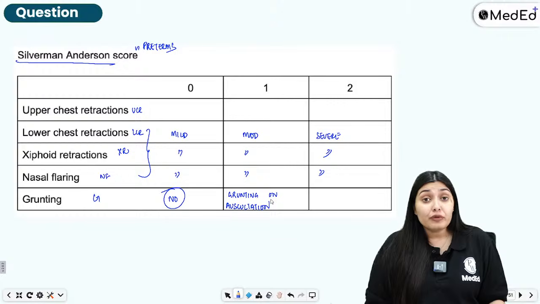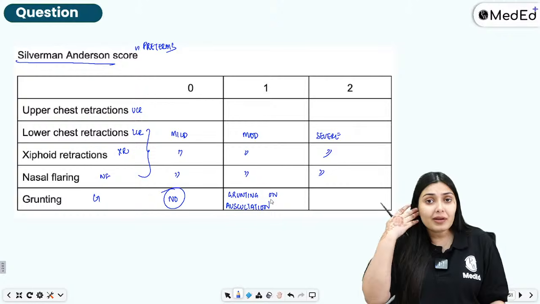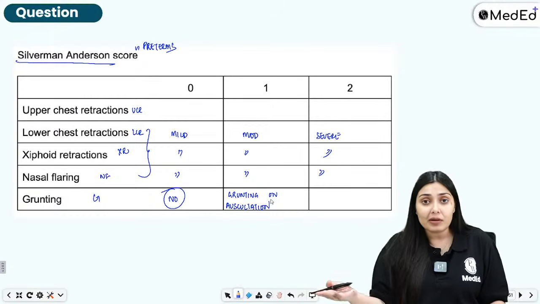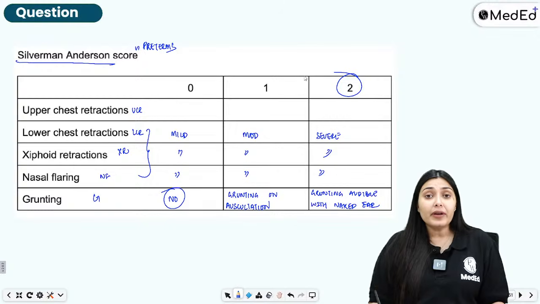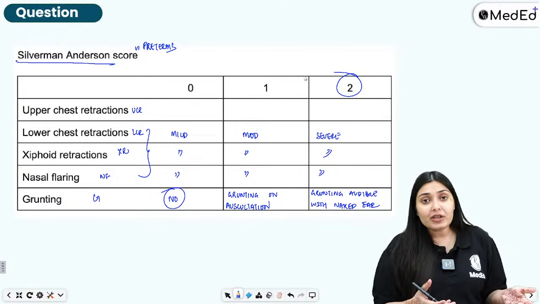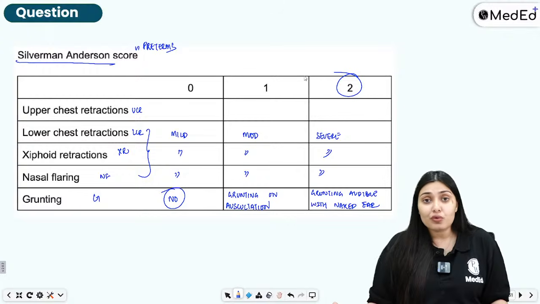But if you don't need a stethoscope and you can hear the grunting with the naked ear, this will be 2. So if grunting is audible with the naked ear, then its score is 2, right? If the mother can also hear the grunting, this is definitely score 2.